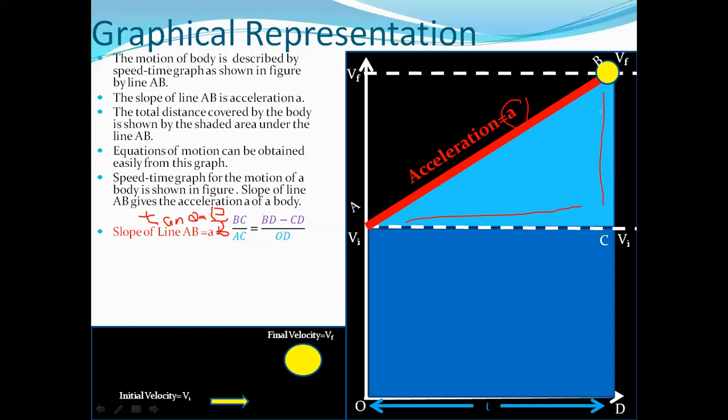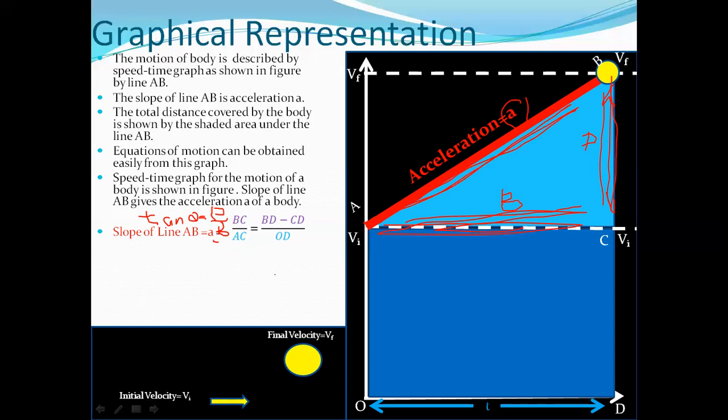Over here we have this part which is line BC, representing the perpendicular part, and the line AC is representing the base part. So perpendicular over base will give us this slope which is represented by A. So A is equal to BC, which is this line, divided by AC, which is this line.